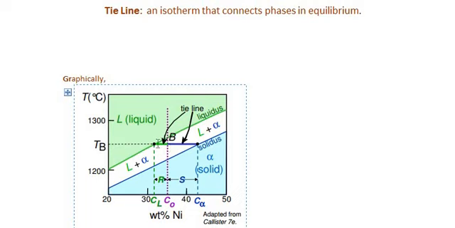It connects these two different phases, the L phase and the alpha phase, and when it's in this two-phase region, you need to calculate the weight percent of the metal we are considering based on what is called the lever rule.